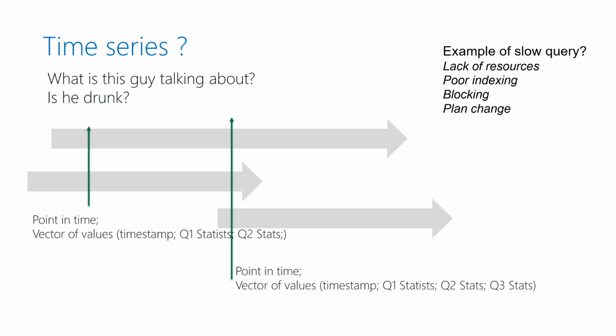Time series is something that usually is not that common with DBAs, but it should be. Why? Because all the statistics are basically just timestamps with query 1 statistics, query 2 statistics, query 3 statistics. And why is that important? Because we need to understand if query 1 was also the cause of the degradation of query 2. And this is basically just time series data.